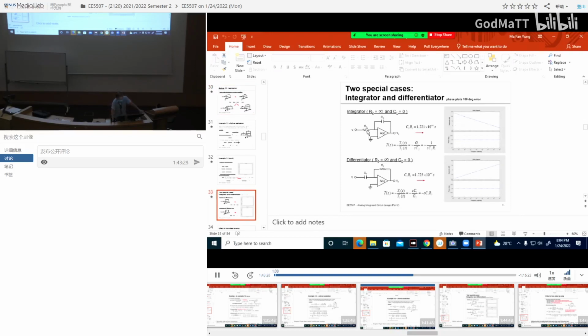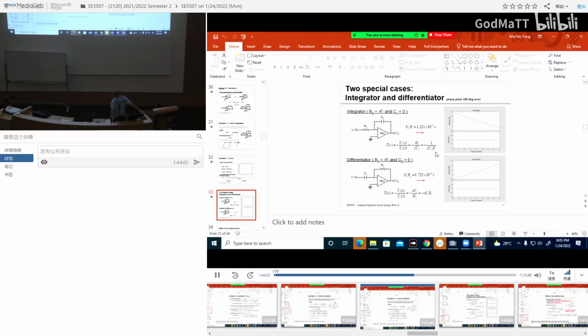If Z1 is just a resistor, and Z2 is just a capacitor, that means R2 equals infinity. R2 is supposed to be in parallel with C2, so R2 disappears. And here is R1, C1, but C1 equals 0, so it disappears. So the circuit simplifies to a simple circuit, R1, C2. And what is the transfer function of this simple circuit?